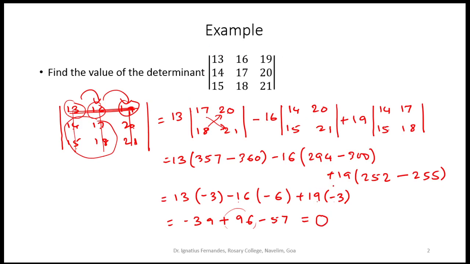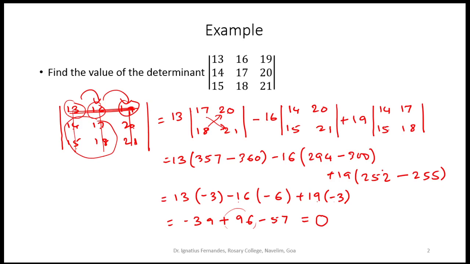Now we have also studied the properties of determinants, and sometimes we use properties of determinants in simplifying or computing a determinant. Like in this example itself, we have already found that the determinant is equal to 0.